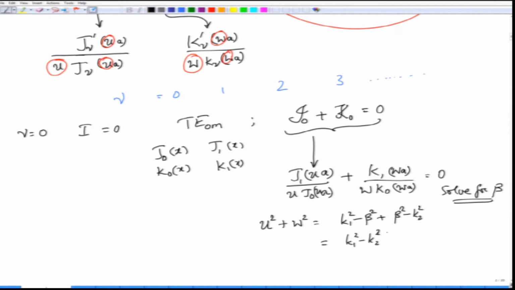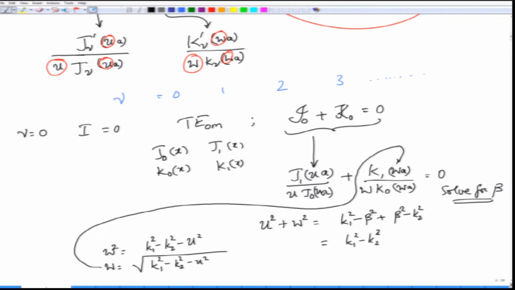Now, you can write W square is equal to K1 square minus K2 square minus U square, and then say W is equal to square root of this entire thing. So, you have the square root of K1 square minus K2 square minus U square. So, you can put this W into this expression, thereby eliminating the requirement of having two variables U and W.